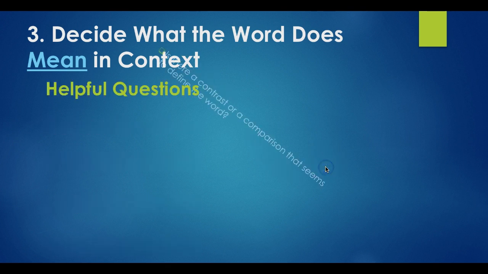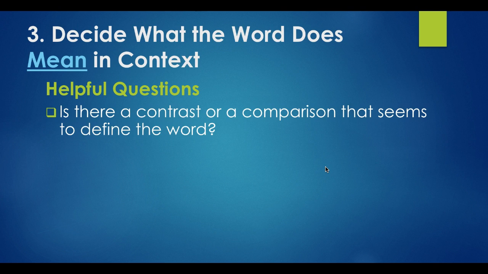Now, some helpful questions to think about. Is there some kind of contrast or comparison going on in the sentence or the context that might help define the word? Let's go back to the word spring. If earlier in the text it's talking about somebody who's crouching down, and then you see the word spring, that contrast is going to help you think through, well, maybe they're referring to this as the jumping action.